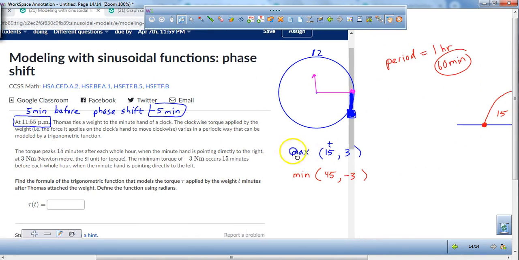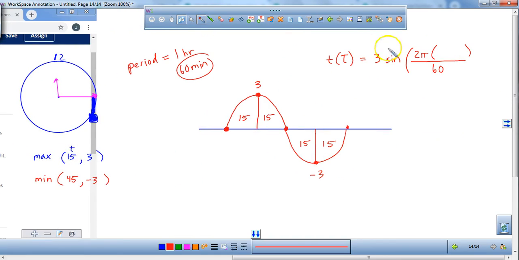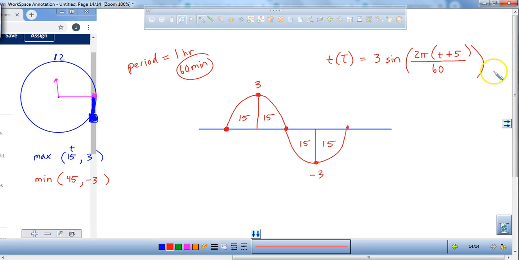He didn't start it on the hour. So I'm going to put t minus 5. Not t minus 5, duh, t plus 5, because for negative 5, you have to plug in a negative 5. And then our midline is just at 0. It doesn't start up or down.